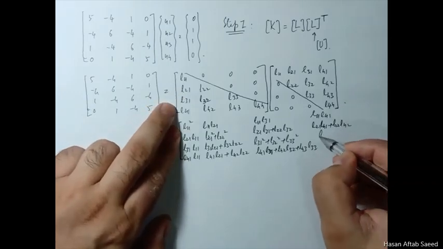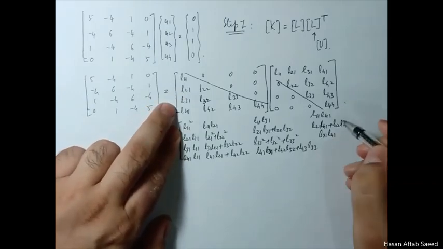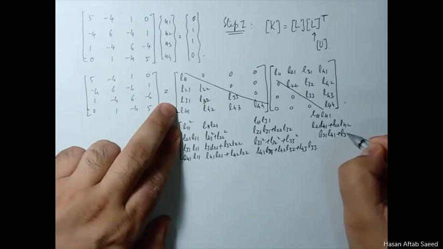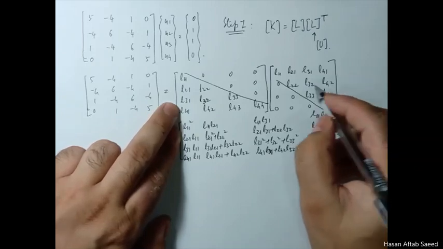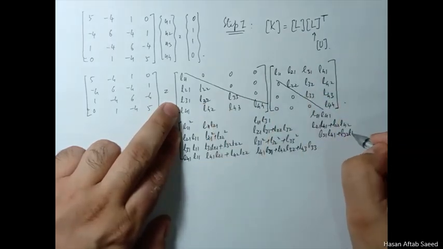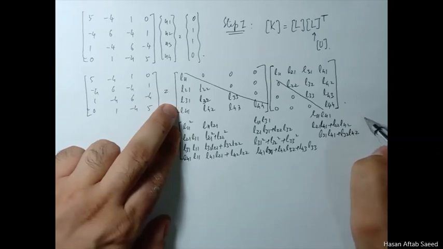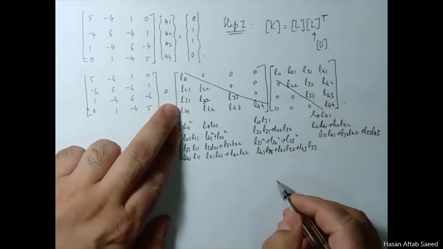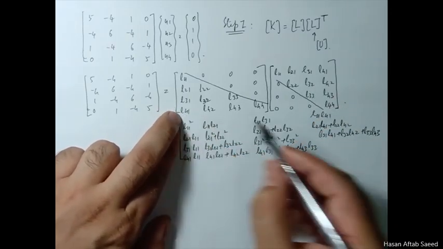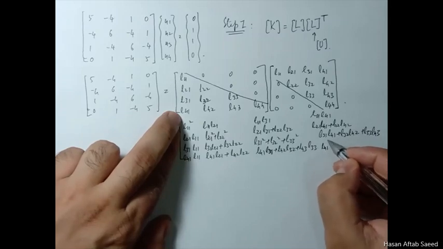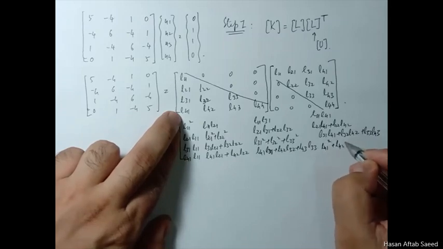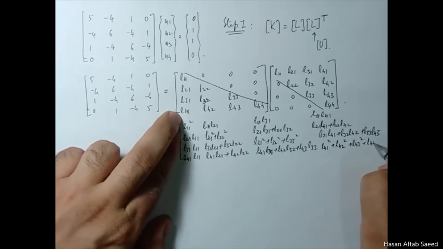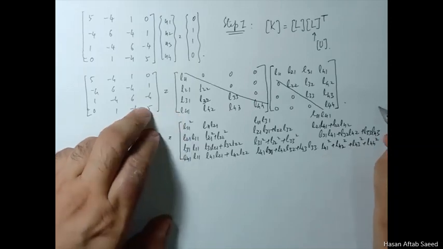Then you have L31, L41 plus L32, L42 plus L33, L43, and finally L41 square plus L42 square, L43 square plus L44 square.